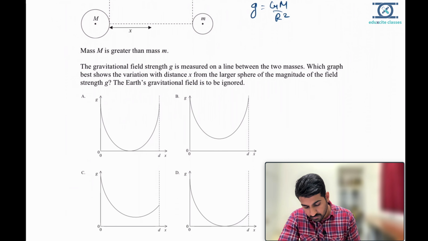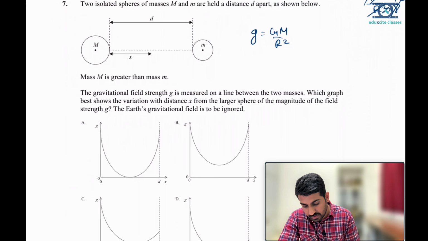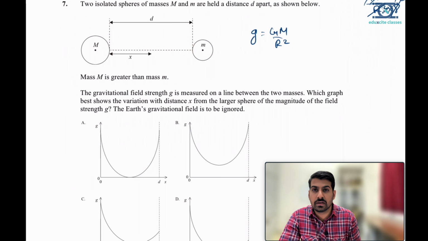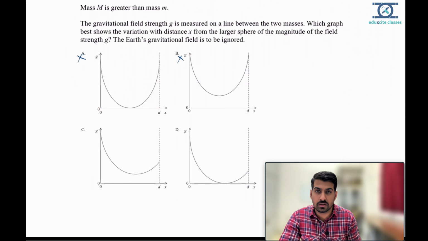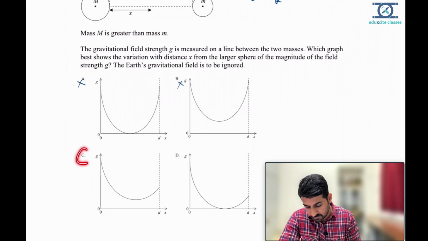So it is not possible that at these two points, when you are moving along x, you will have the same gravitational field strength at the nearest point to capital M and small m. So just looking at that you can say A and B are incorrect, because they say it is the same when closer to capital M and closer to small m, which is not possible. Now we have to select between C and D.